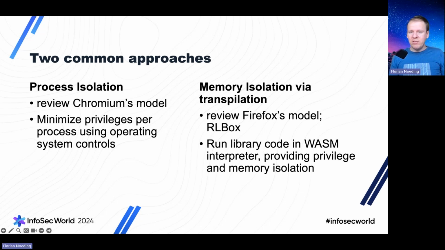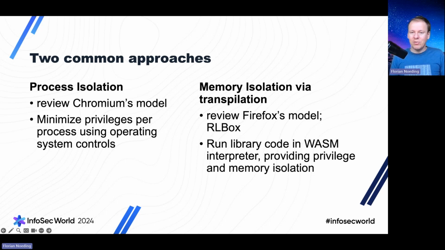Another approach to achieve memory isolation is to transpile to WebAssembly, WASM, and that is what Firefox does. There's also an open source project called RLBox. It seems not that well maintained, but there's a copy in the Firefox Git repository, so look at that. The idea here is to take your library code, transpile it to WASM, and run it in the WASM interpreter. And you know, Firefox's WASM interpreter is security hardened.